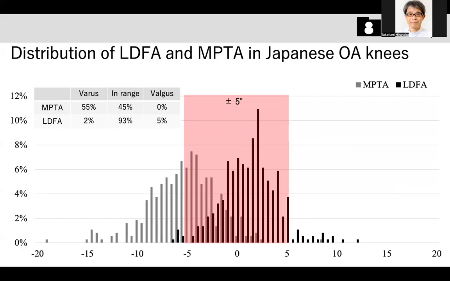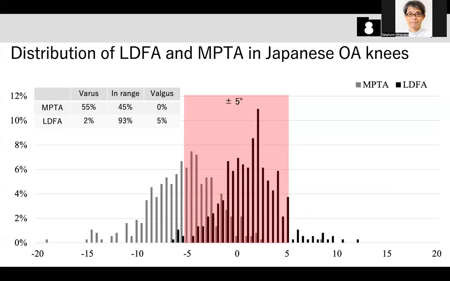The average is around 5.5 degrees varus in terms of the tibial side. In terms of the femoral side, the average is 1 or 2 degrees valgus. If we define plus or minus 5 degrees as a safe zone, this safe range is temporary, not decided based on evidence but on our previous experience.